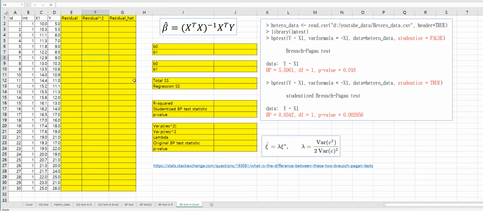Let's firstly calculate b0, b1, intercept and slope. So let me use this matrix computation formula. Merge transpose of design matrix and design matrix. Then let's get the matrix inverse.